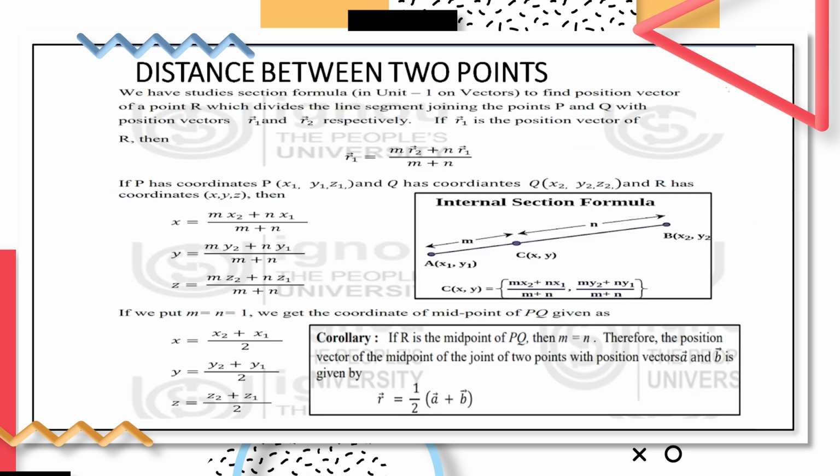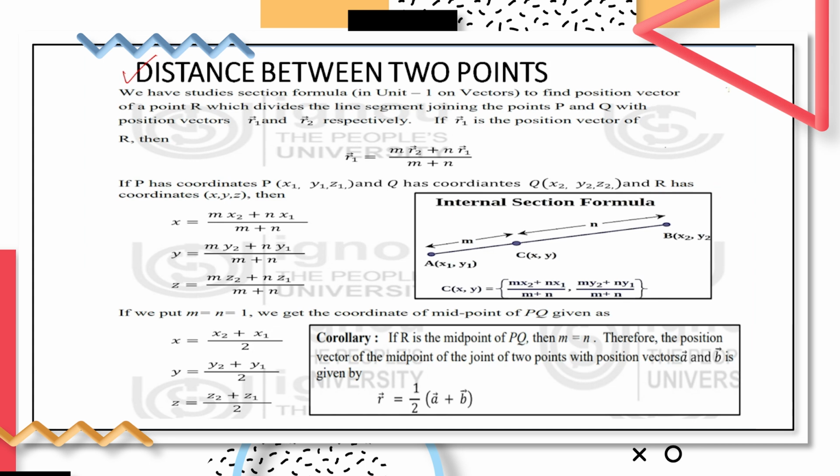We also explored the concept of the internal section and external section when we were discussing the vectors, and this understanding is required to understand the concept of the distance between the 2 points.